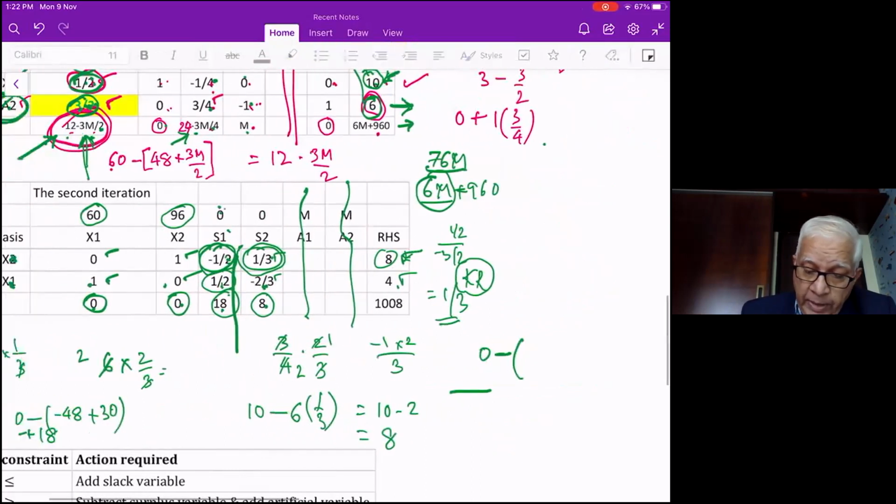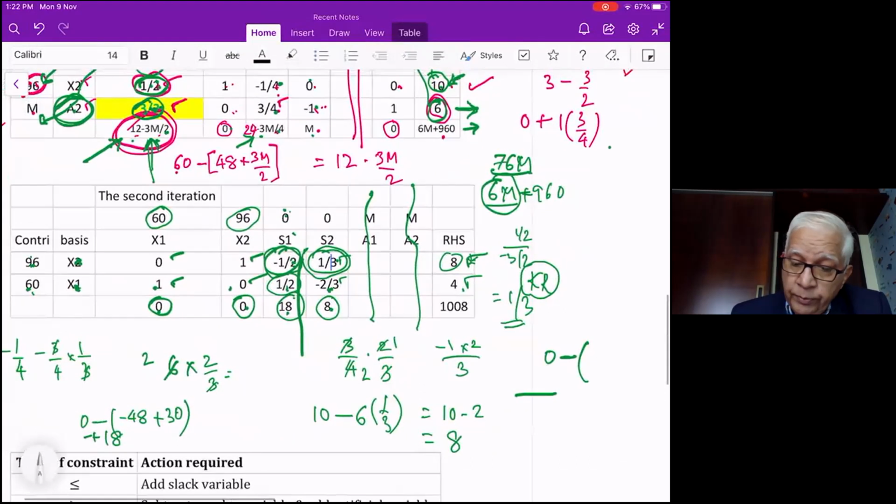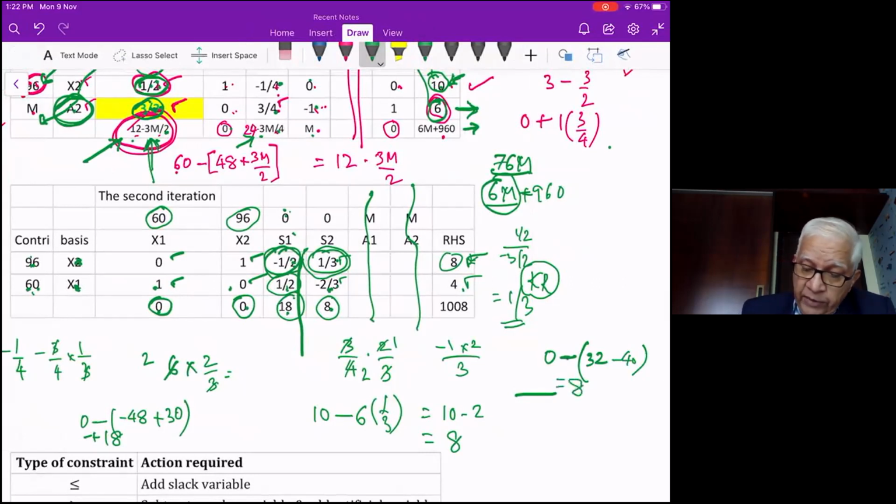See here, 1 by 3 into 96 is 32. Minus 2 by 3 into 60, that is minus 40. Okay, so 0 minus into bracket 32 minus 40, which is minus 8. So 0 minus minus 8, that is 8, and therefore we have written this 8 over here.